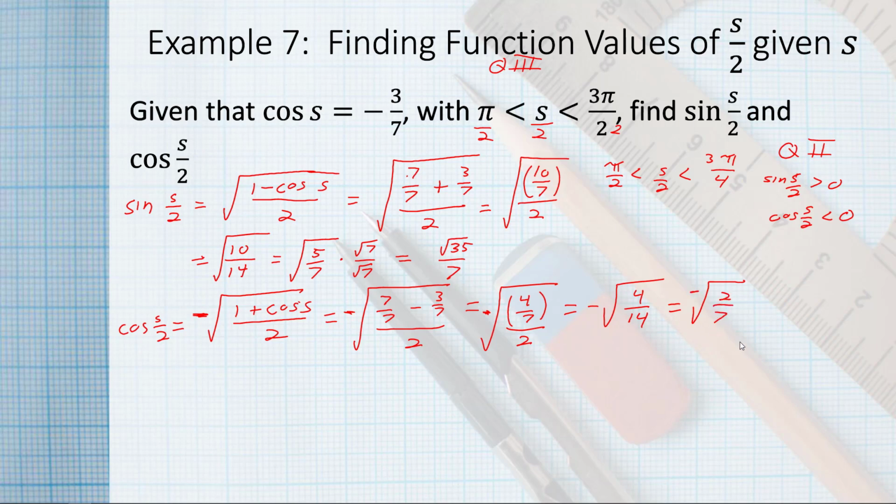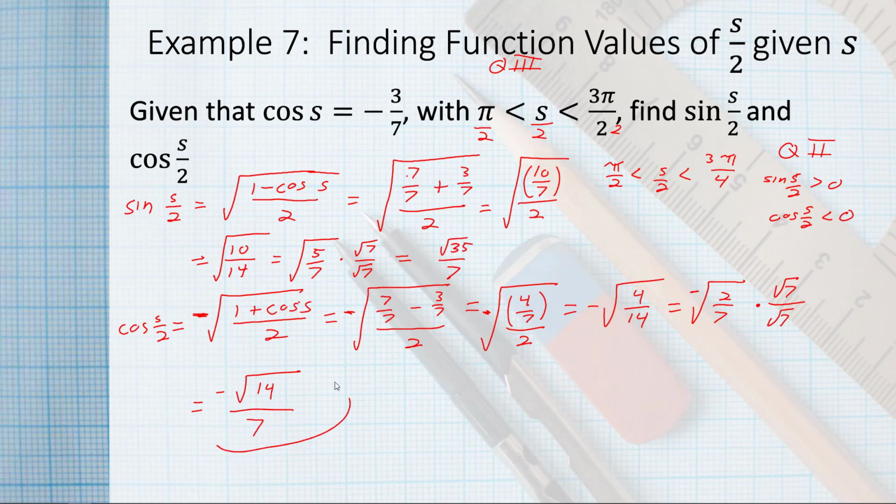Okay, we need to rationalize the denominator. We can do that by multiplying this by 1, or more specifically the square root of 7 divided by the square root of 7. If we do, then we have our result of cosine of s over 2 being equal to negative the square root of 2 times 7, which is 14. And then in the denominator, we will just simply have 7.